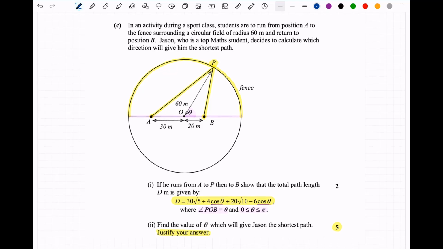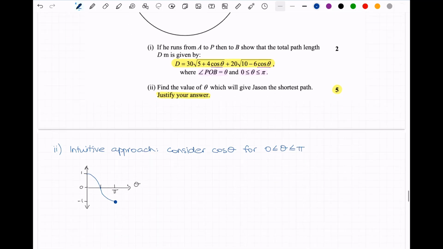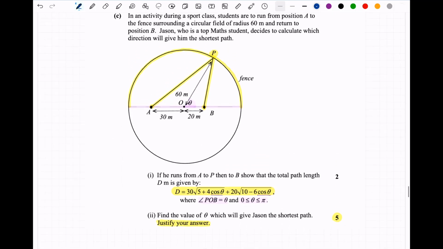Now interestingly, that is the answer. That is the value of theta that will get you the shortest distance, but I'm not sure what I've just done there is enough of a justification to get all 5 marks.